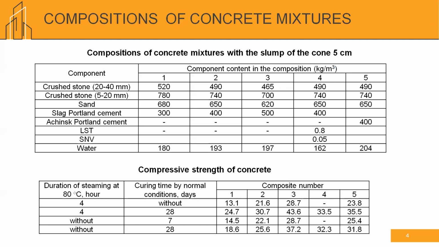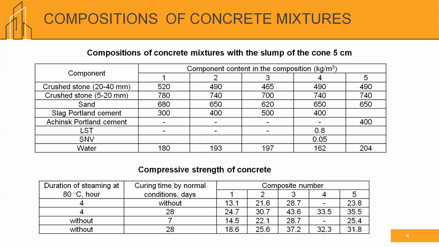According to the results of the experiment, it may be noted that the greatest increase in strength was found for compositions subjected to heat treatment with an additional hardening period under normal conditions. It follows that under the conditions of heat and moisture treatment, a finely dispersed structure is formed in the composition of hydrate phases, which is characterized by increased resistance during cyclic freezing.